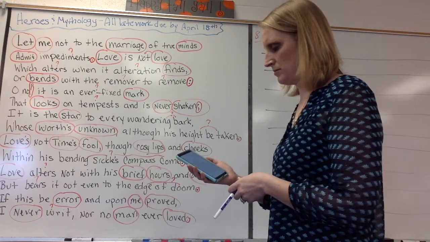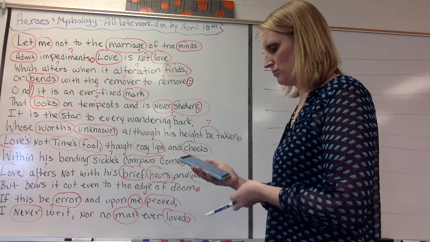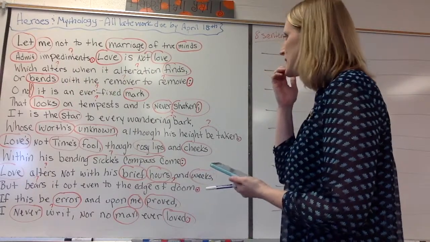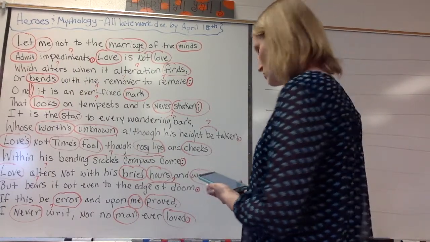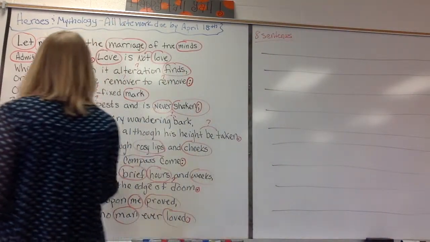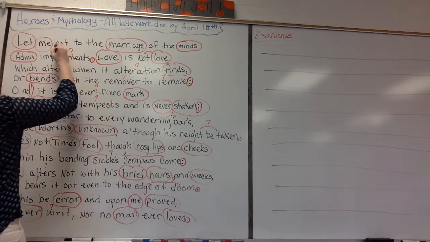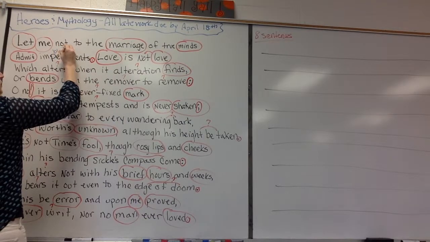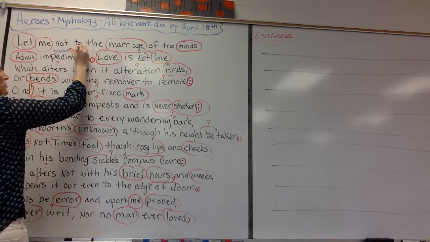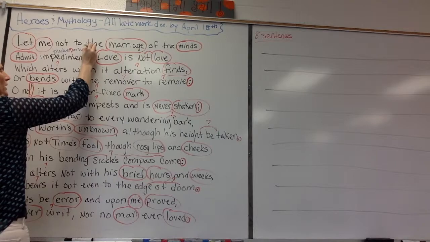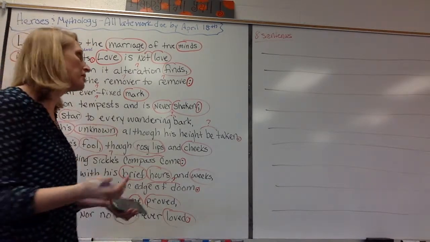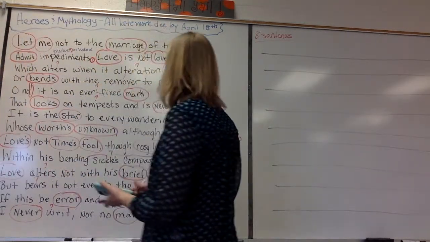Definition of impediment: a hindrance or obstruction in doing something. Oh, a hindrance or an obstruction. Okay, so a hindrance. Well, an obstruction, that's like blocking. Okay, so block or hindered. Now, if I didn't know what hindered meant, I would have to look that up, but I know that one, so I'm good.